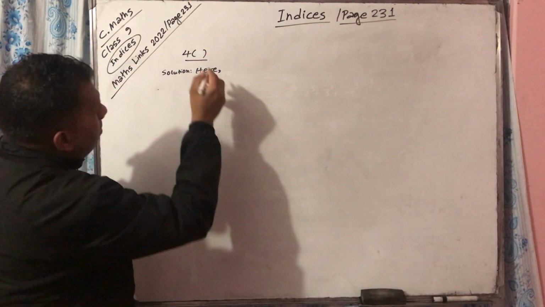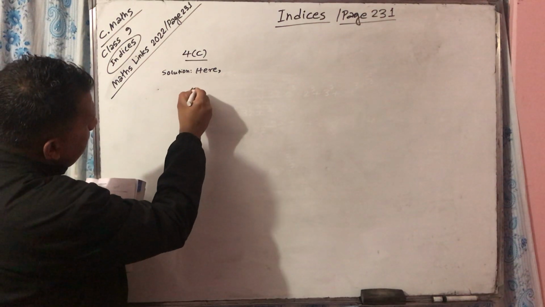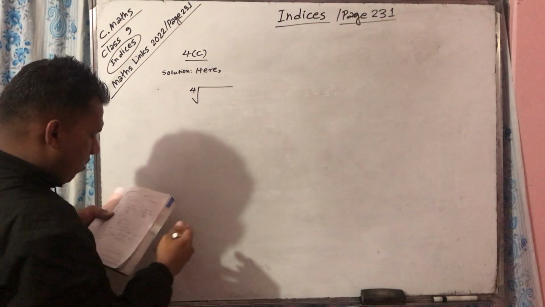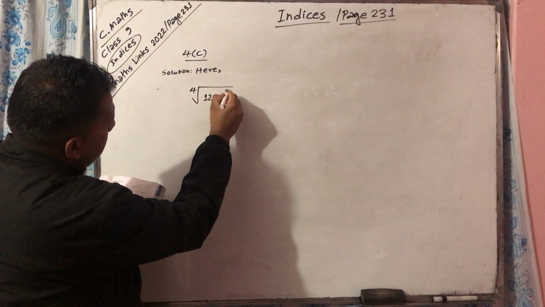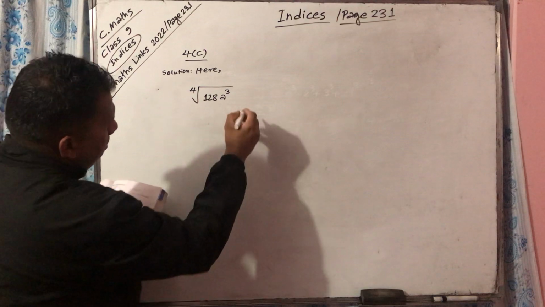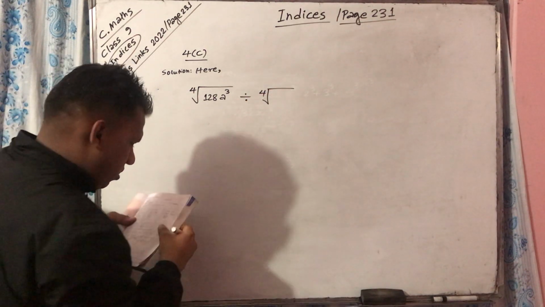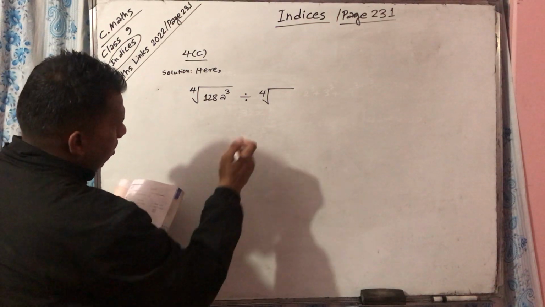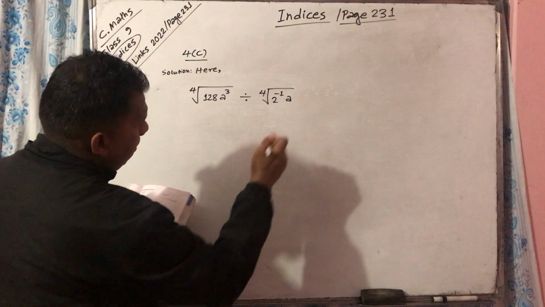On 4c, we are given fourth root of 128 a cube, divided by fourth root of 2 to the power minus 1 a to the power minus 9.